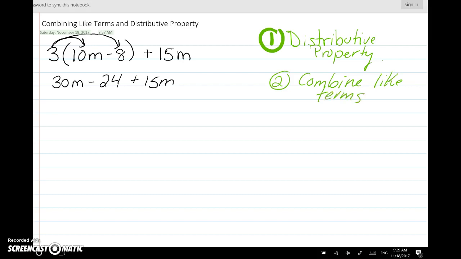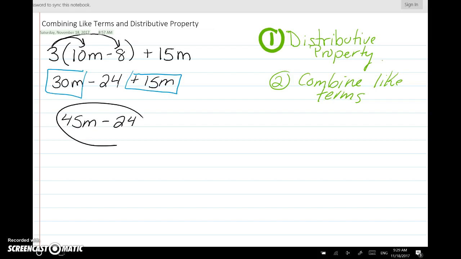I like to underline or box in the like term so I know where my eye should focus. So 30m plus 15m is 45m, and I can't do anything with that minus 24, so I just bring it down. And this is the answer.